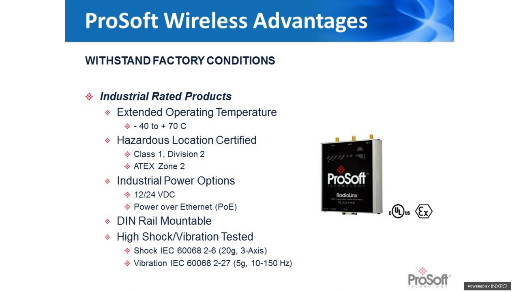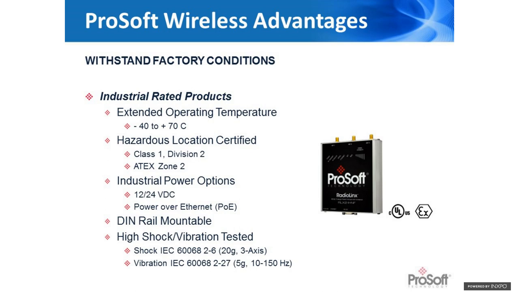All of our products are hazardous location certified, Class 1 Division 2 in the UL world, or ATEX Zone 2 in the everywhere other than UL world. Of course, we have industrial power options. Our products take a 12 or 24 volt DC input, but they can also be powered over PoE for applications where that's available.